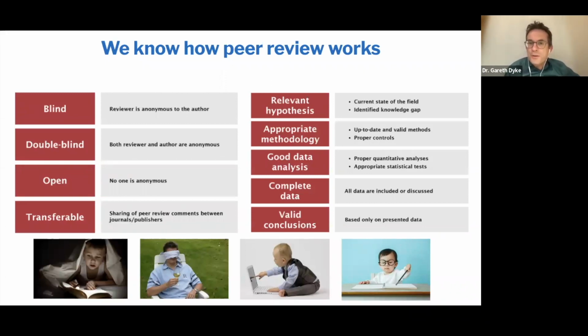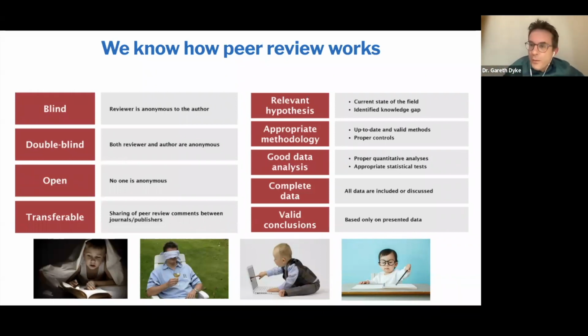There are other forms of peer review as well. One of the most common additional kinds that you may also have come across in your research career so far is transferable peer review. That's where comments from one set of peer reviews get transferred over to another journal if the paper gets rejected. If your paper gets rejected, maybe you'll be asked by that journal to transfer those comments over to another journal within the same family.